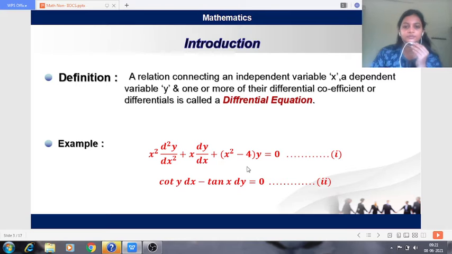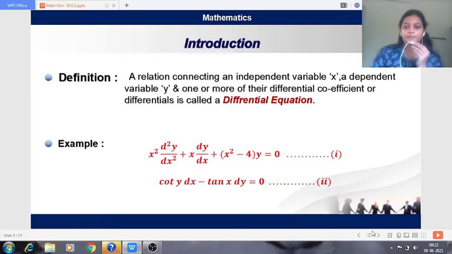Here in this equation we can easily see that there is an independent variable x, a dependent variable y, and their differentials dy/dx and d2y/dx2. So this is an example of a differential equation. As well, the second equation, cot y dx minus tan x dy is equal to 0, is one of the examples of a differential equation.